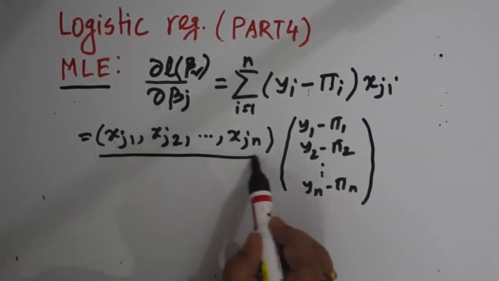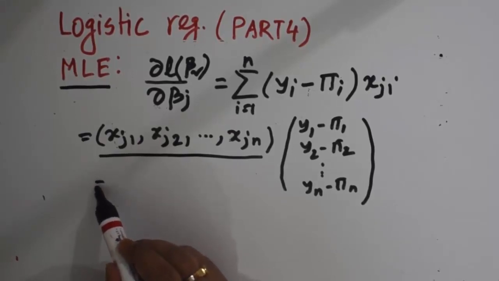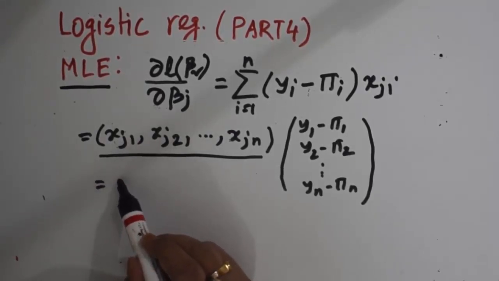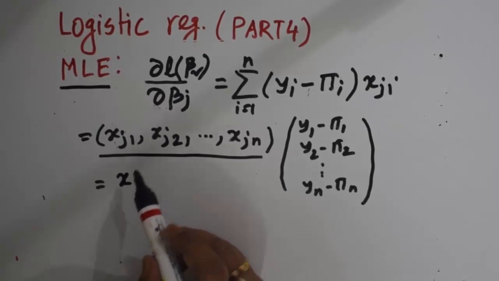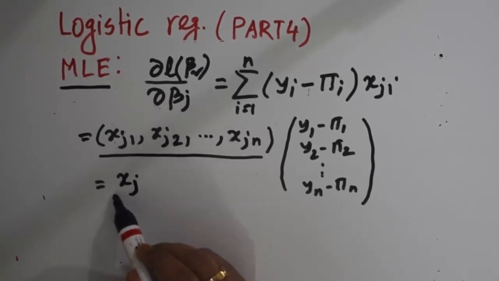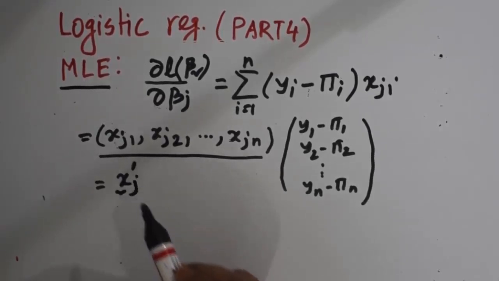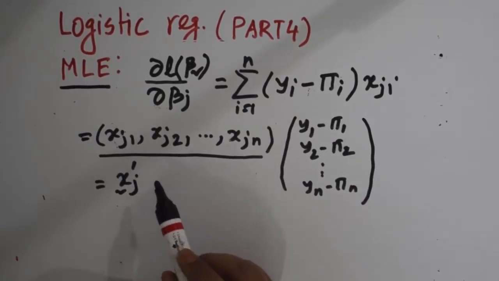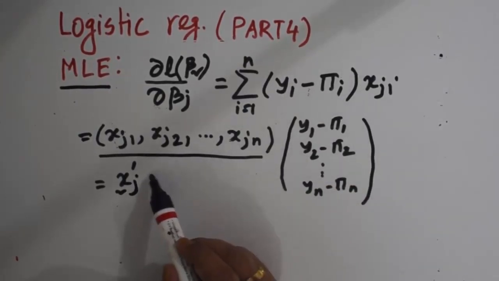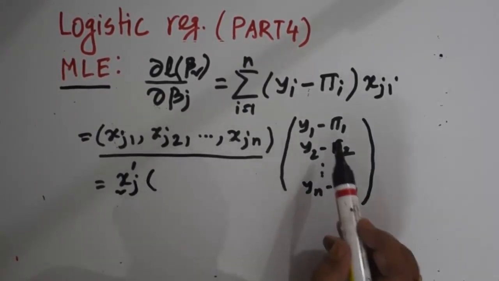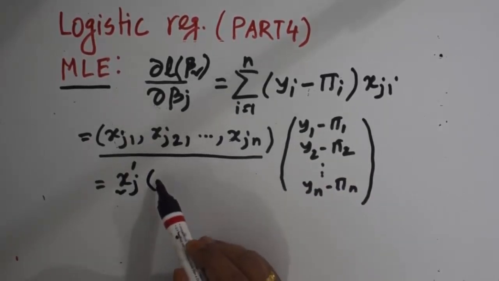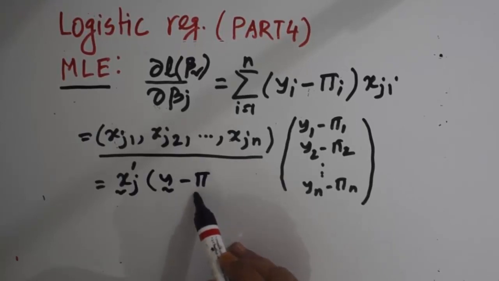So this is denoted by xj curl prime, and this is y curl minus pi curl.